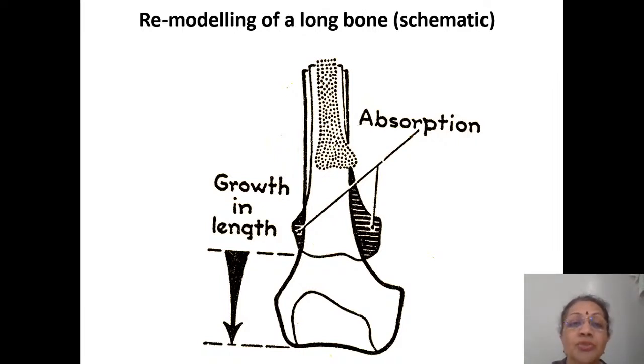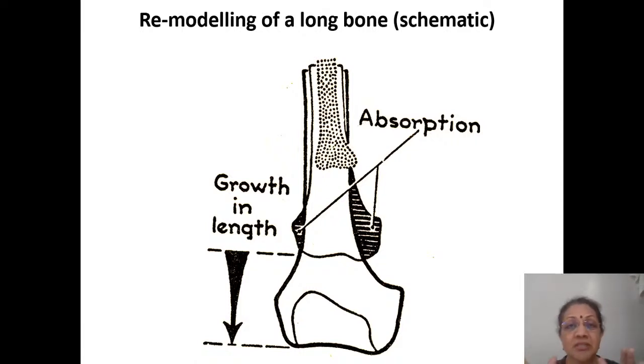Right? So the remodeling of a long bone happens because the original model is of a certain shape. Then the juvenile model is almost the same but slightly different shape, and then the adult model on that will be of a different shape. So you see, this bit will have to be absorbed so that it will become narrow and thinner, and this bit will have to grow and expand, right, and become much wider than this.